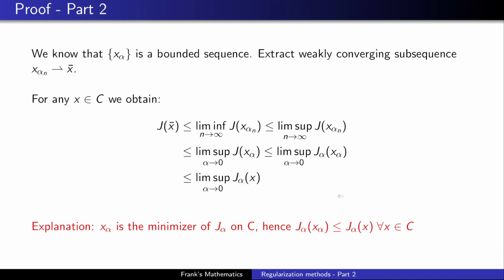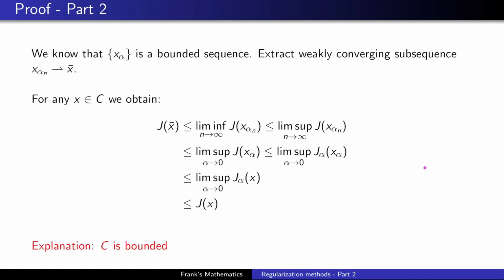And the next step is now to take a closer look at the definition of j alpha. Well, nothing spectacular here. C is a bounded set, so the Tikhonov regularization term drops out in this limit superior, and we actually have an equality here. We know that this term here is less or equal than j of x. So what have we proven now?